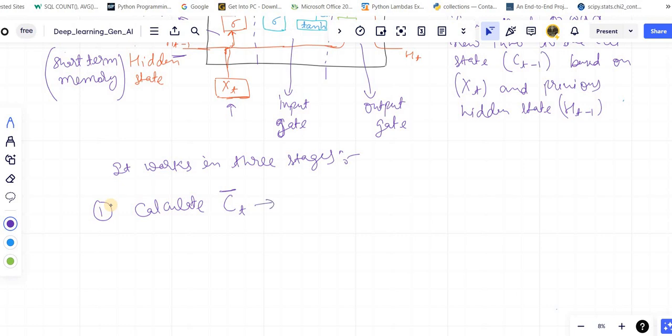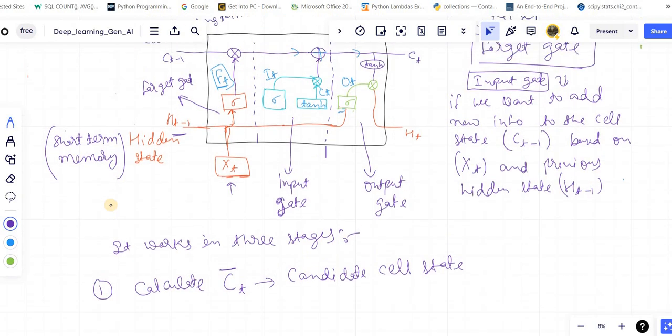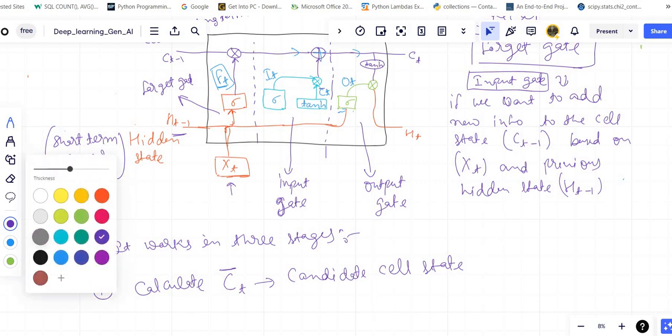It is actually the candidate cell state. So if you see it here, just talk to this tanh neural network. This is your candidate cell state. See, and there is a hat here. Candidate cell state.